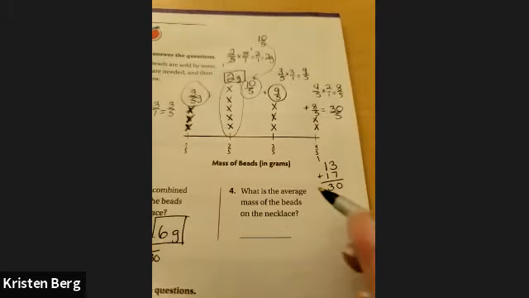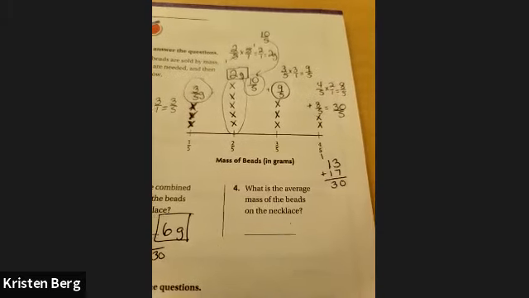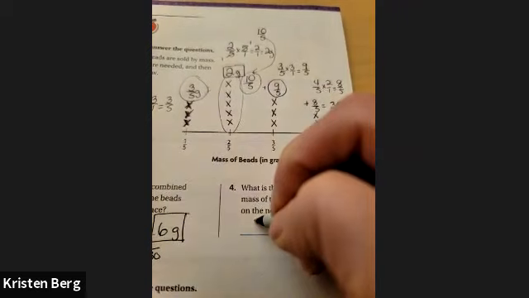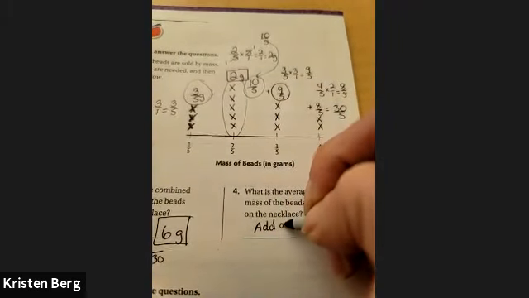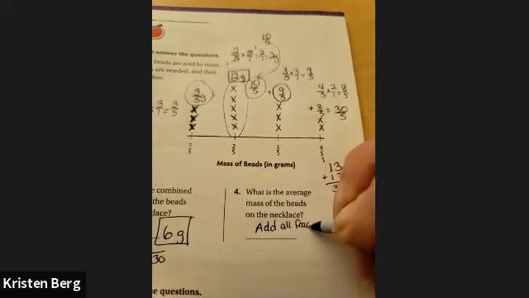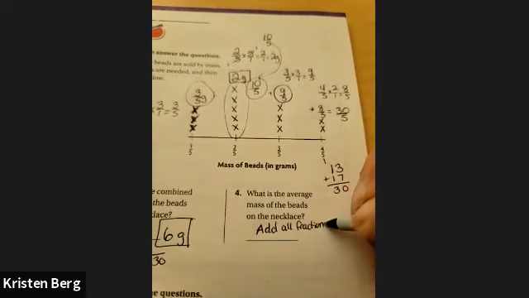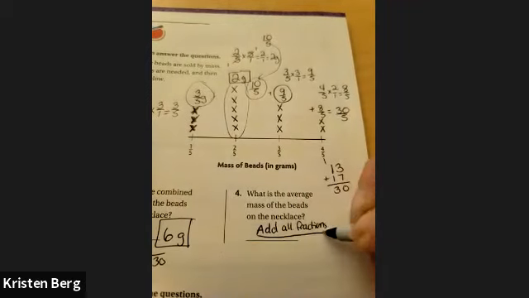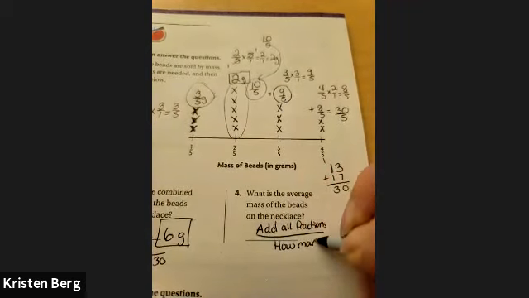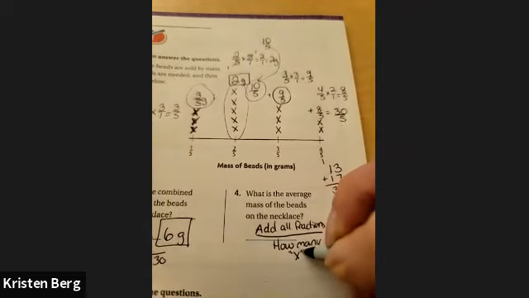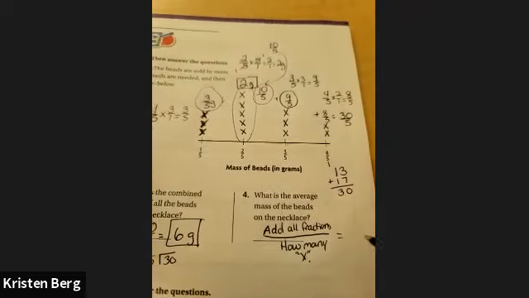Now they want us just to find the average. Remember, the average is, again, the top number is add all the fractions, and then it's going to be over how many X's. So we already added up all the fractions.